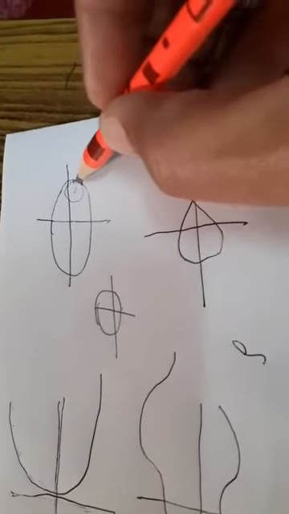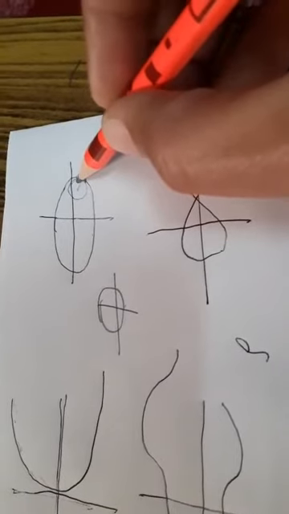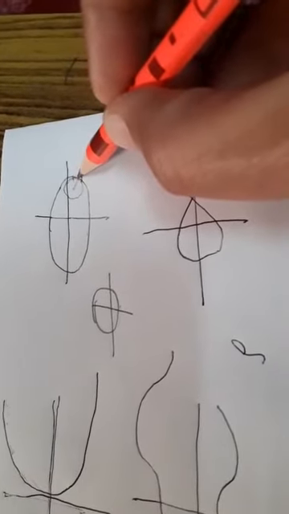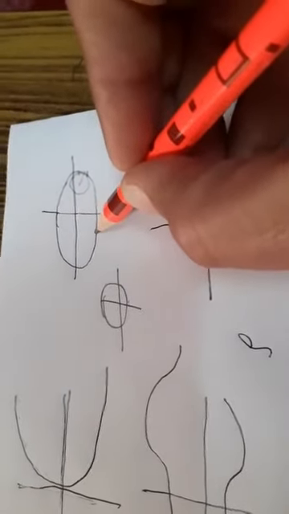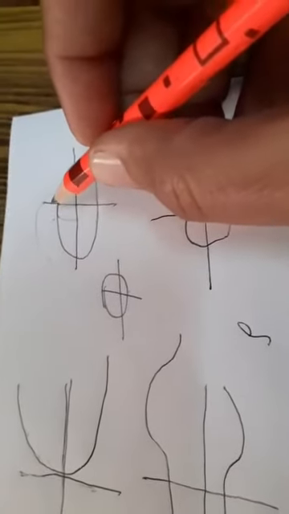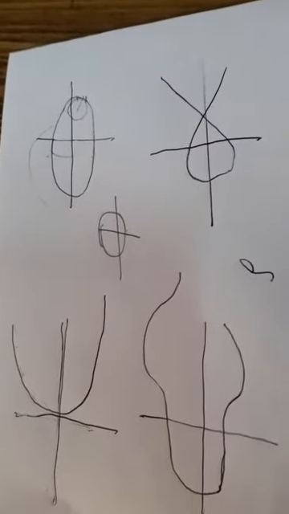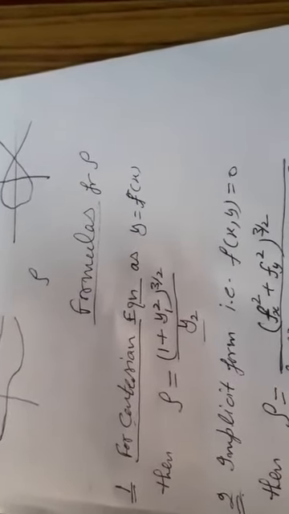It is evident that if curvature is high, then radius of curvature will be small, and if the curvature is low, then radius of curvature will be large. That means radius of curvature is the reciprocal of the curvature. Now according to the equation of the curve, we have some formulas to find the radius of curvature.